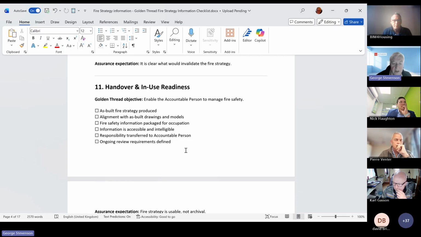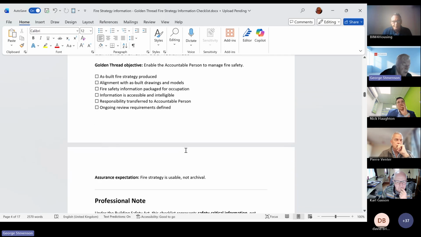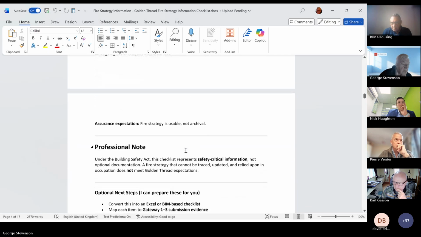Those people that are fire engineers, if I share this with you, would you mind taking a look at it and add to it or challenge it? Absolutely.